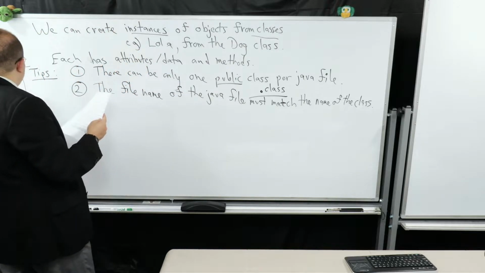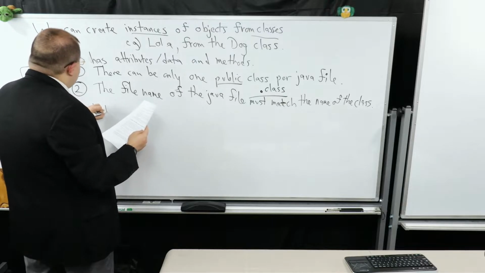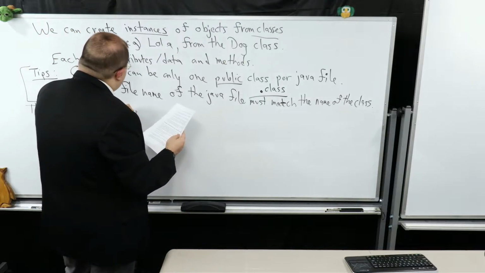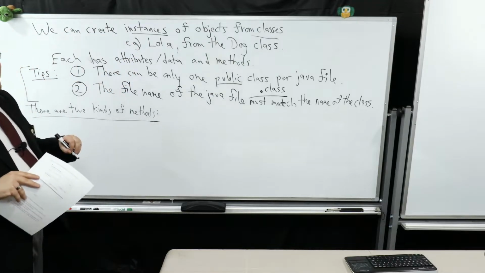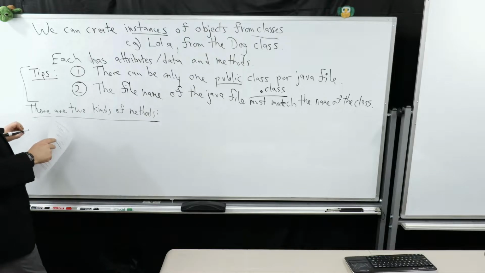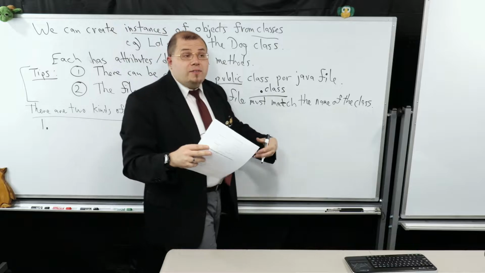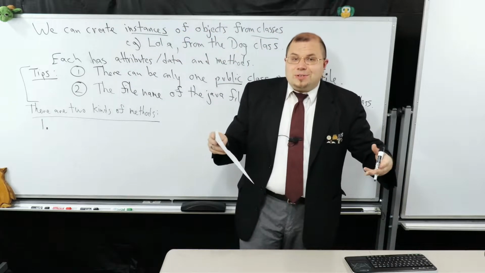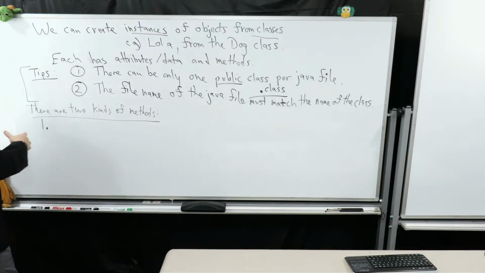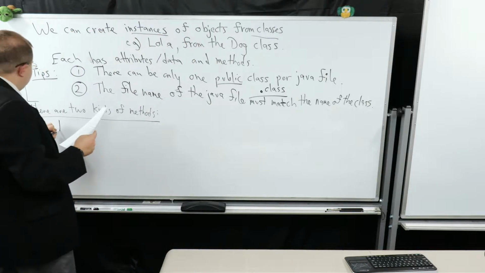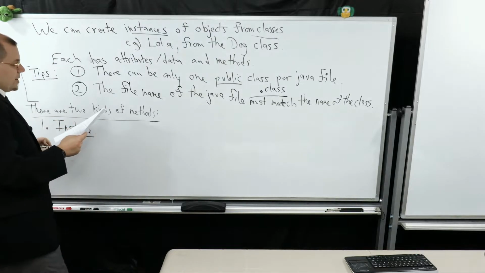So there are 2 kinds of methods. So remember, these are like operations, like Lola sleeping and pooping and stuff. Now remember, I told you that you can actually have instances of a given class, which we call objects. So there's 2 different kinds. There's so-called instance methods. We aren't going to see these for a little while, but I want to point out what they are.